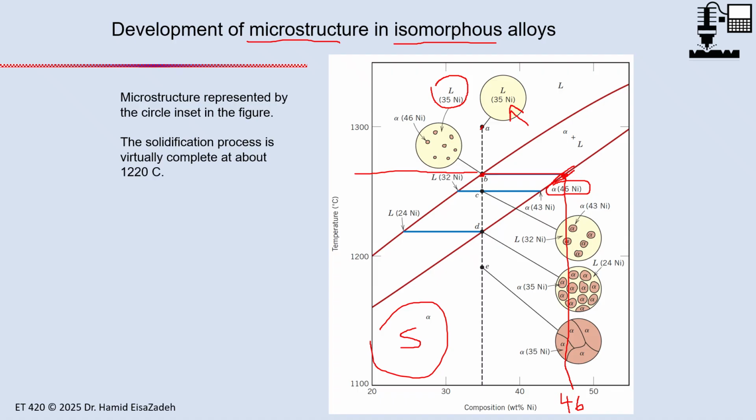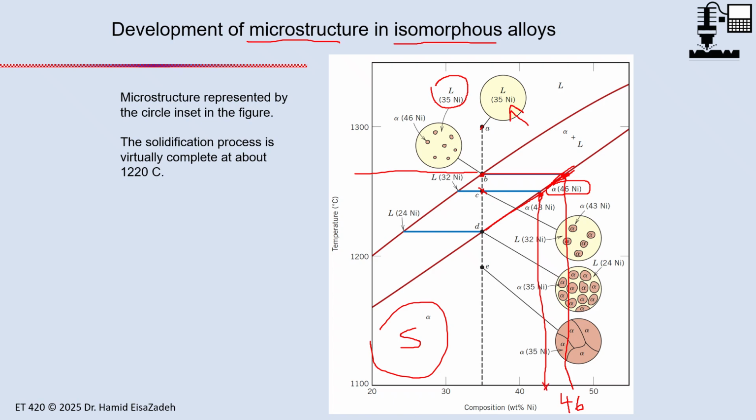As you go down, you need to follow this solidus line, and here this is a microstructure of that point, and at that point we have a solid material that follows the composition of these points.